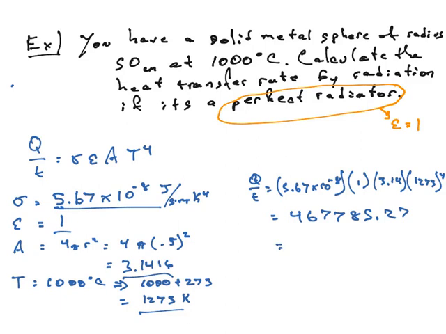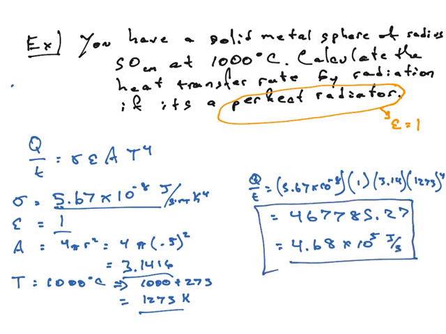Of course, if you want this in scientific notation, that's 4.68 times 10 to the fifth joules per second. Either one of these answers is perfectly fine. And that's all there is to it.